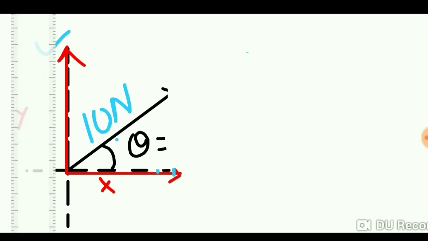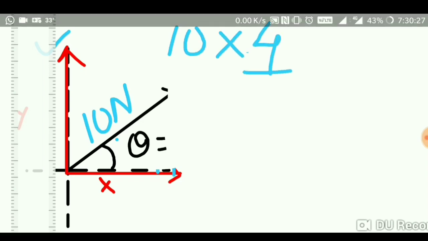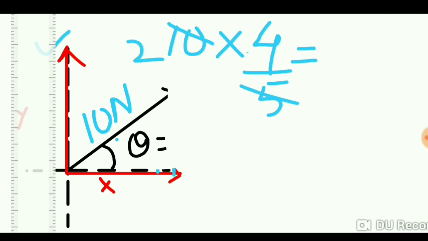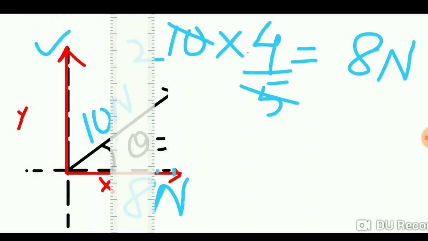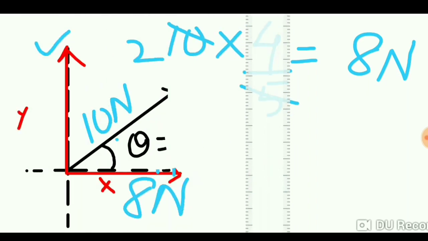What is h cos theta? H is 10 Newton, so 10 into cos 37, which is 4 by 5, becomes 2, and it's 8 Newton. So this becomes 8 Newton, and that's what we call vector resolution. You resolved that vector.